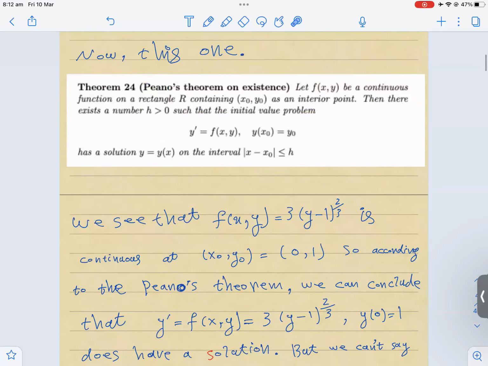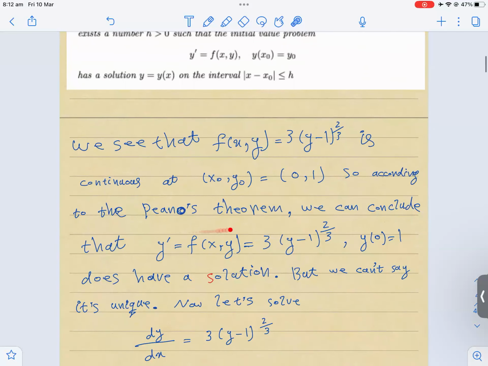So Peano's theorem has an easier condition, but it gives me just information about the existence. Existence is better than nothing, than not knowing anything about that. So we can start solving the y prime equal to f to obtain at least one solution. All right, so we see that f is continuous at this point and around that.